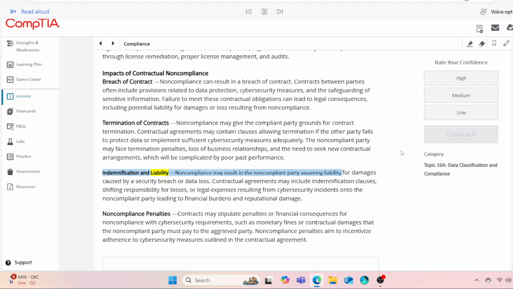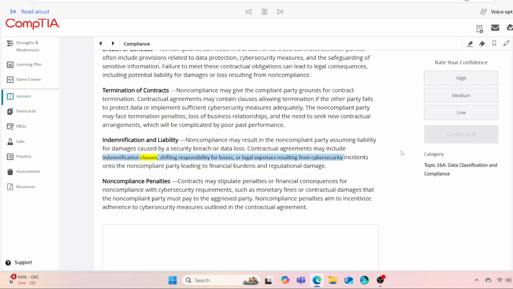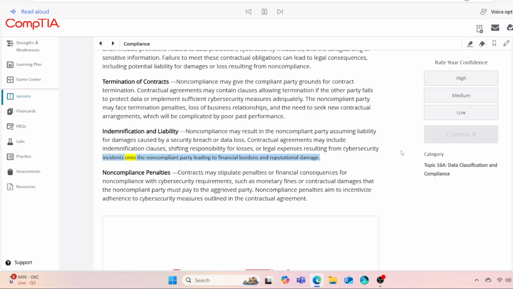Indemnification and liability. Noncompliance may result in the noncompliant party assuming liability for damages caused by a security breach or data loss. Contractual agreements may include indemnification clauses, shifting responsibility for losses, or legal expenses resulting from cybersecurity incidents onto the noncompliant party, leading to financial burdens and reputational damage.